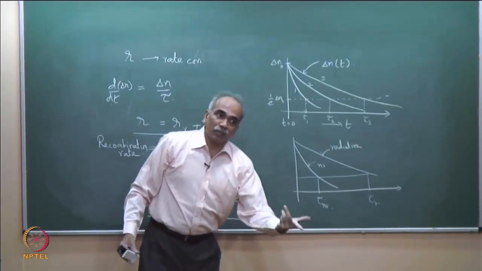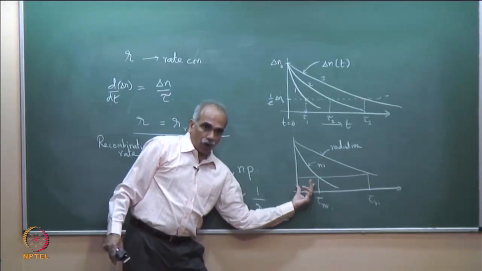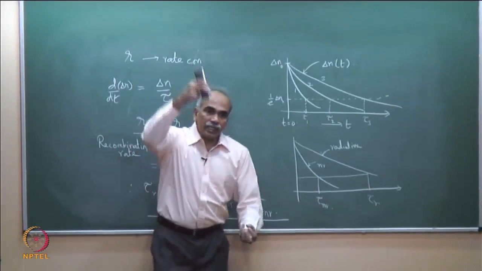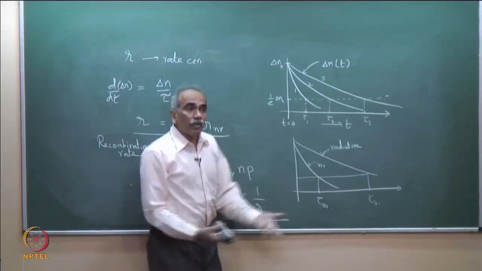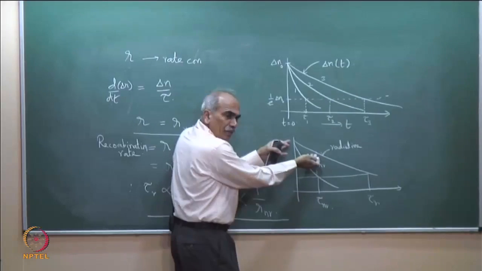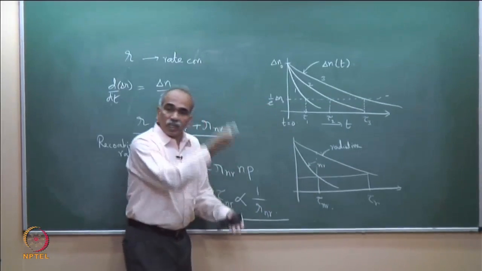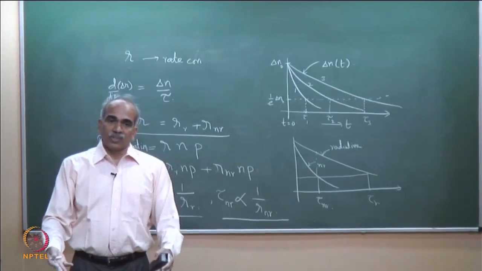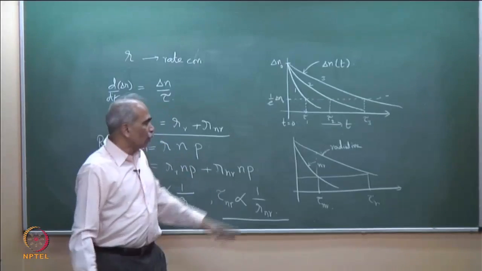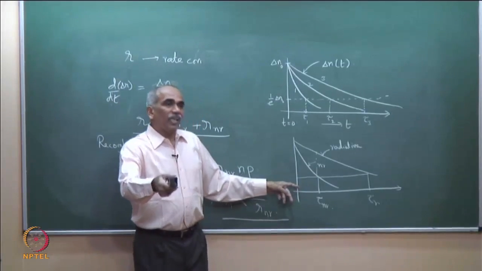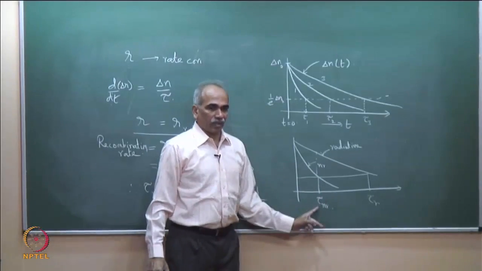Therefore, in a particular material, if non-radiative lifetime is very short, which means the carriers combine very quickly, mostly by non-radiative, therefore, within this time very few radiative transitions have taken place. Most carriers are already lost by non-radiative transitions, and therefore, the contribution to radiative transitions will be very little in the case of a material which has a very small tau nr.